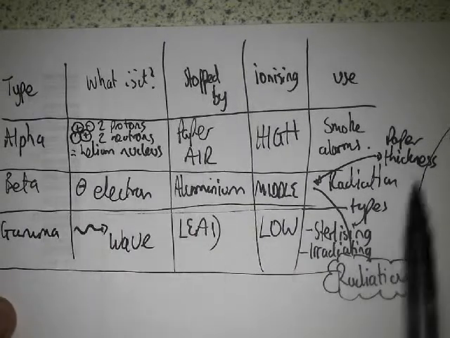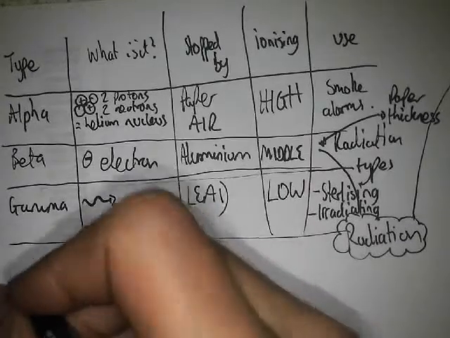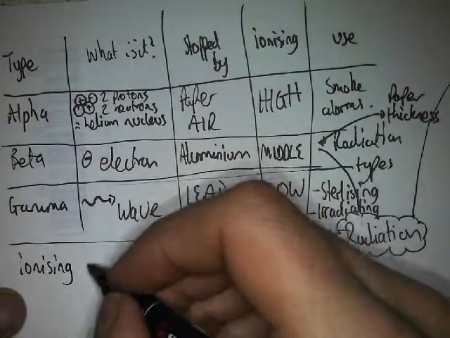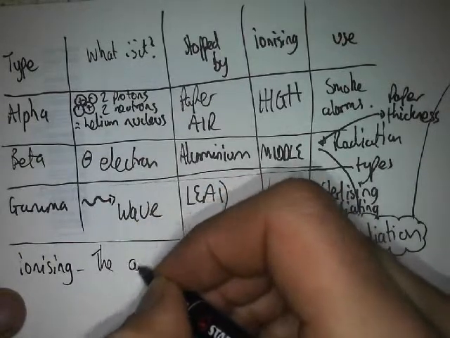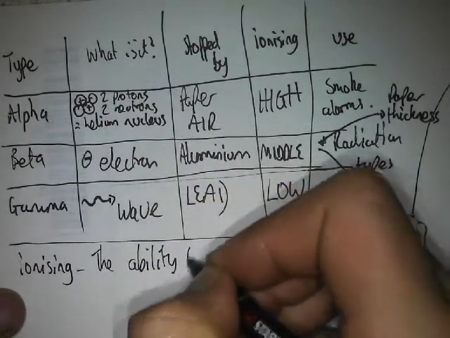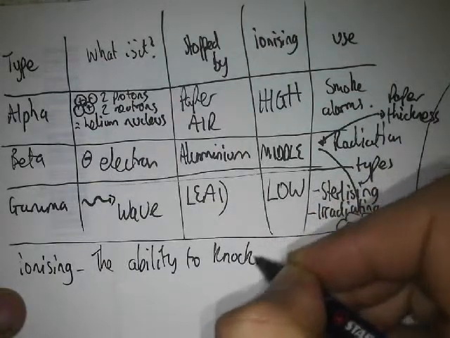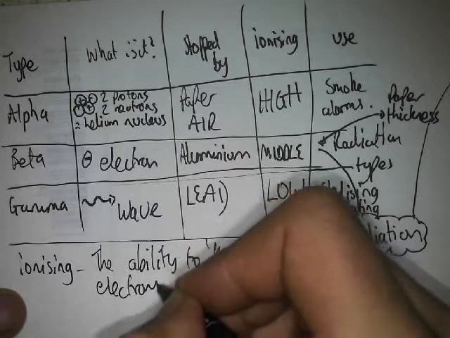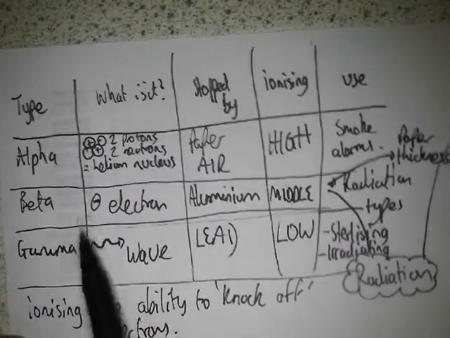So these are the different types. Now, ionizing, I said we'd mention, and I'm going to. It's the ability to knock off electrons. So what are these like in knocking off electrons?